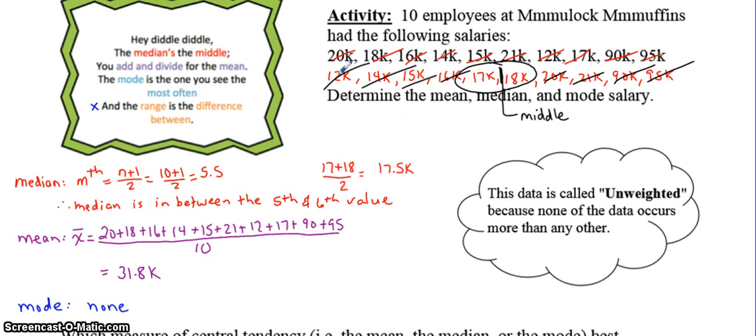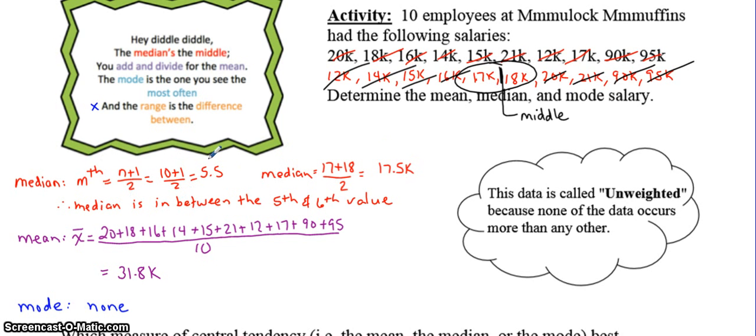So if you start counting up, 1, 2, 3, 4, there's the 5th, there's the 6th, and the median is in the middle of there. So the median is equal to the average of 17 and 18.